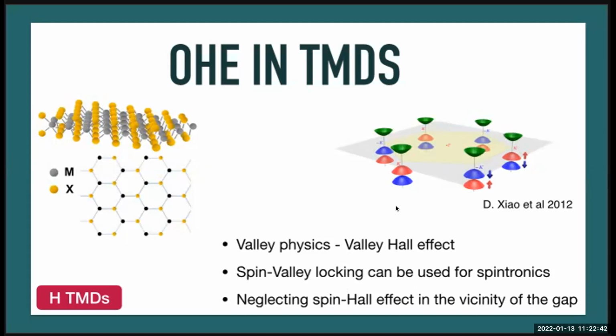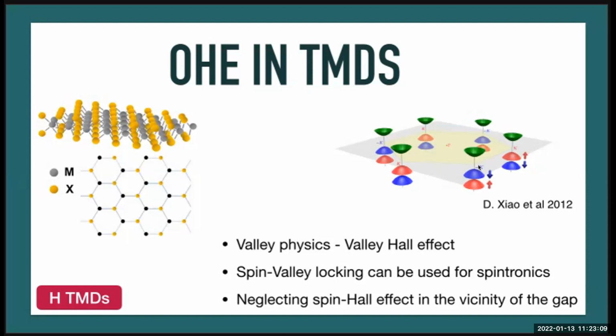Each valley can be addressed by circularly polarized light. They also present the valley Hall effect. I will discuss this a little bit later. But as this image shows, it has a spin valley locking, which means that for each valley, the state that's close to the gap has a defined spin.